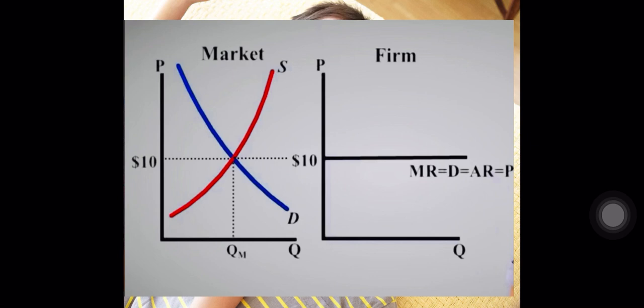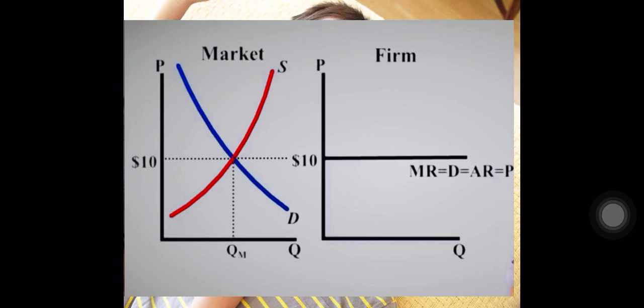So, kaya, ang tawag natin dyan sa curve na yan is MR-DARP. Okay? If you read it from left to right, you have MR-DARP, meaning that line represents your marginal revenue curve, your demand curve, your average revenue, and your price.